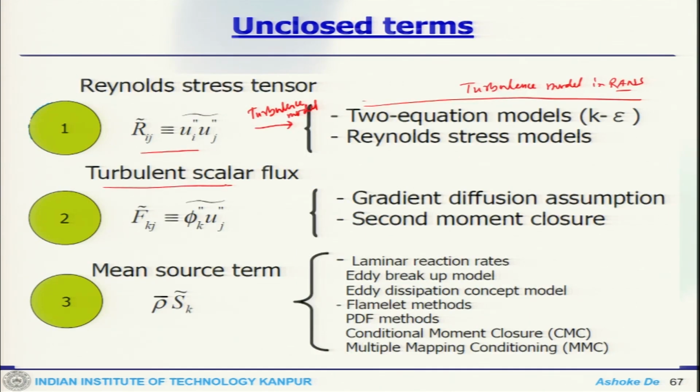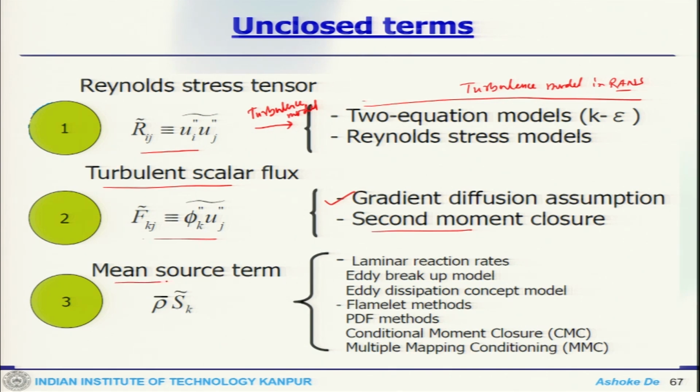Now, the second term is the turbulent scalar flux, which is written in this fashion. Typically we use the gradient diffusion assumption, which is widely accepted, but in only a few specific cases this may lead to some spurious results, or one may use second moment closure.